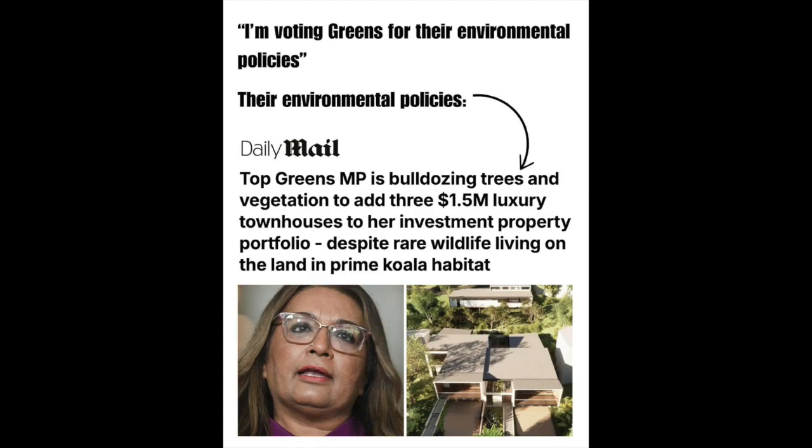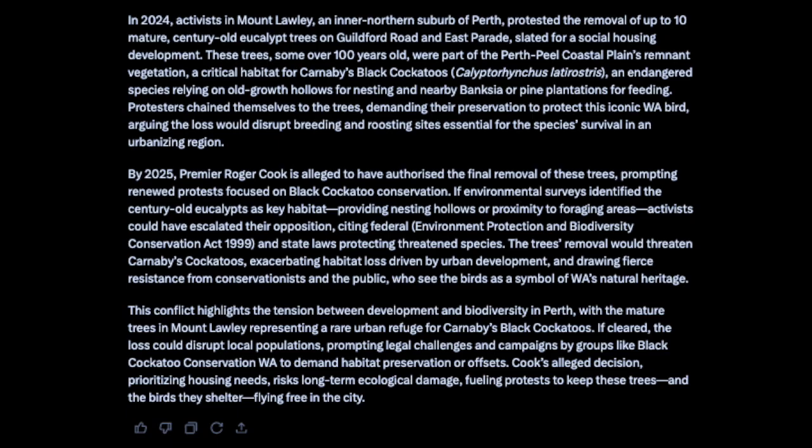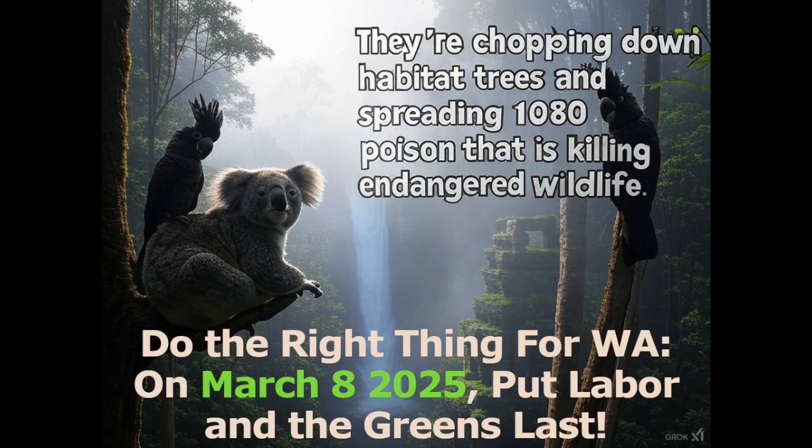The Greens chop down trees now. They chop down koala habitat, and Labor are also chopping down trees that are lived in by the Carnaby cockatoos. So this shows how the changing political environment has evolved, and we need to evolve.